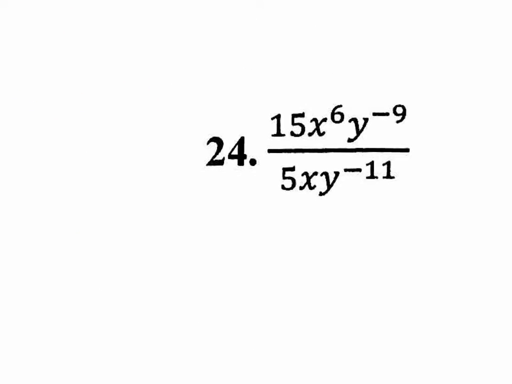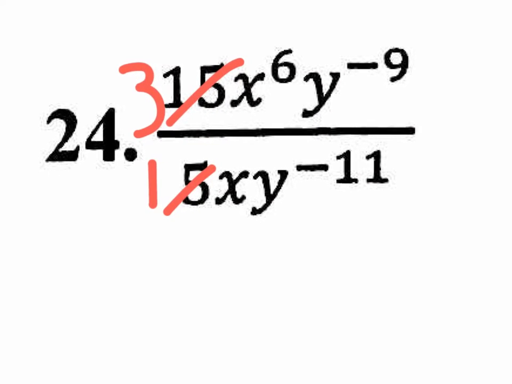24 involves a couple of rules. One rule is moving the negative exponent terms to the other side. The other one's canceling out. So the 5 over 15, or the 15 over 5, you could reduce that by 5, and you'll have 3 left over up on top, and only a 1 left over on the bottom, which means nothing on the bottom. But then you go to your x's, and you really have 6 x's up on top and 1 x on the bottom.